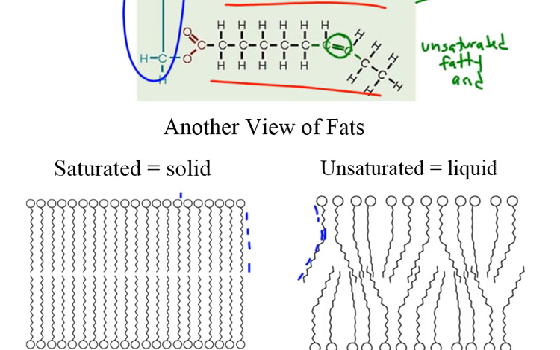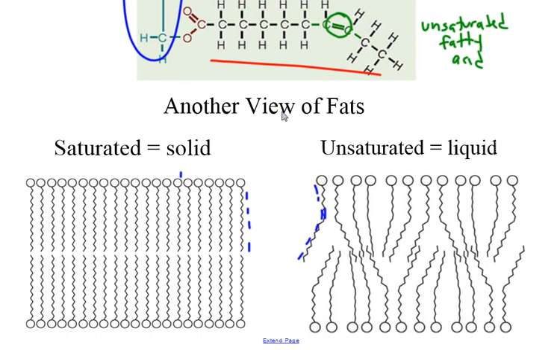Now, why this is important is your saturated fats only have single bonds. So since they are very symmetrical, there's no weak link, and that's why they appear as solids.